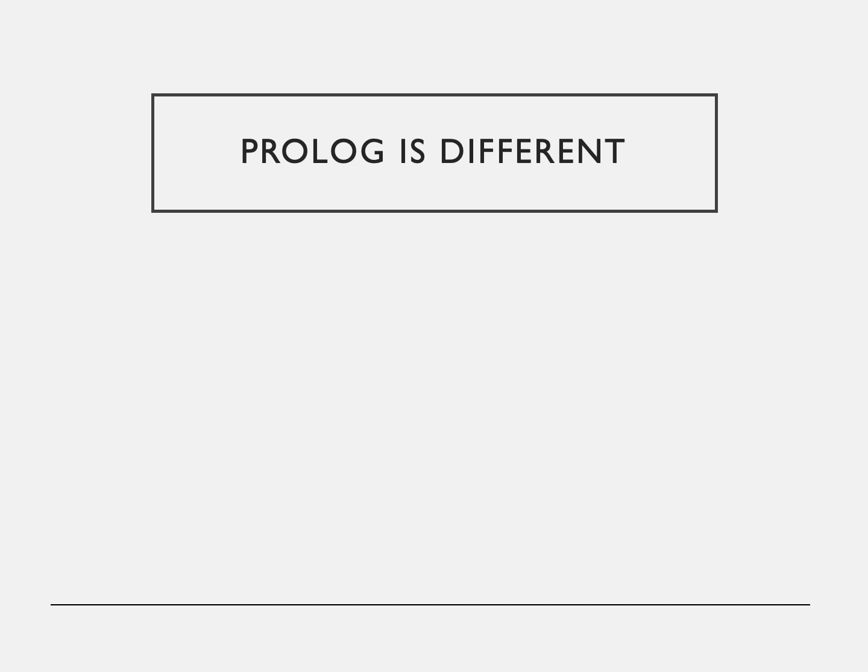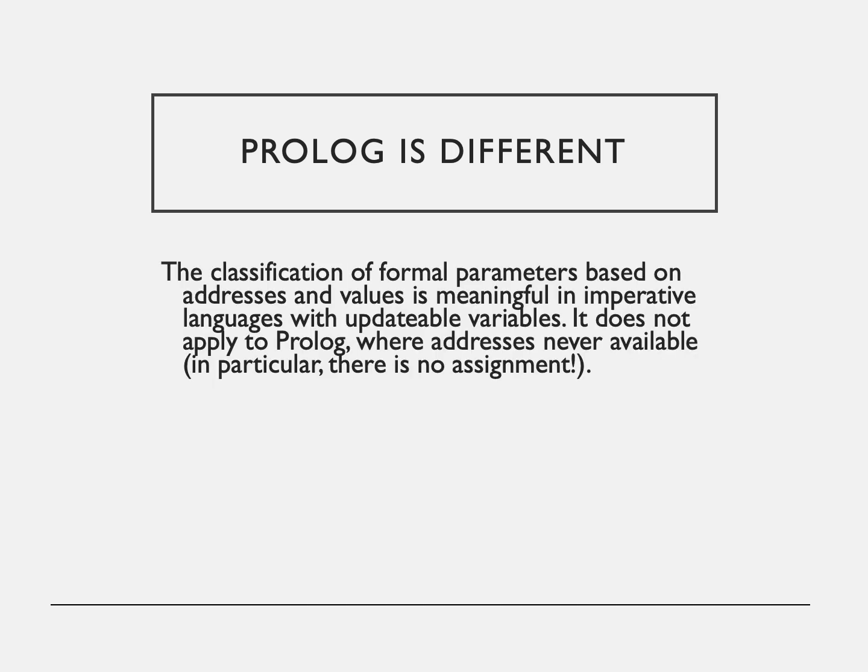Okay, now let's see Prolog. Prolog is distinct from other programming languages due to its logic programming paradigm. This difference fundamentally changes how data is handled within functions or predicates.